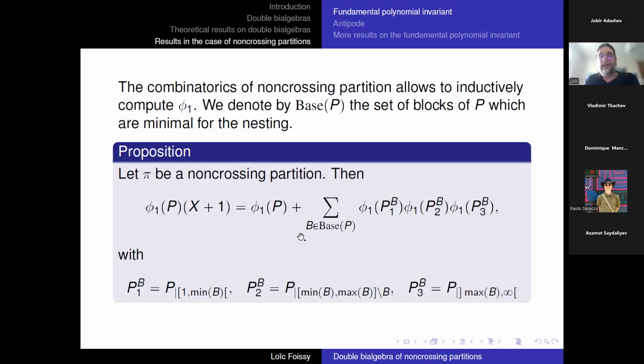So in fact, if 0 appears, it only appears on one element of the base. So if you imagine a non-crossing partition, you choose an element of the base, you delete it, and your non-crossing partition falls into three parts, which is on the left of your element B, on the right, or nested in B. So this is exactly the signification of this formula.